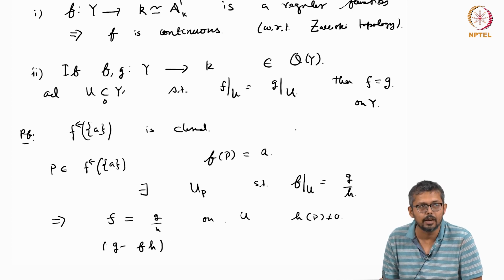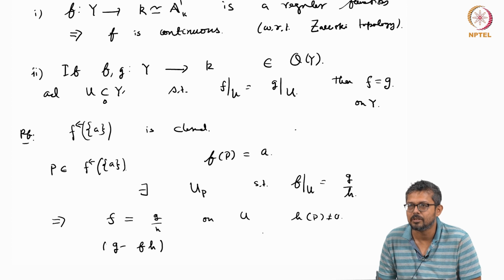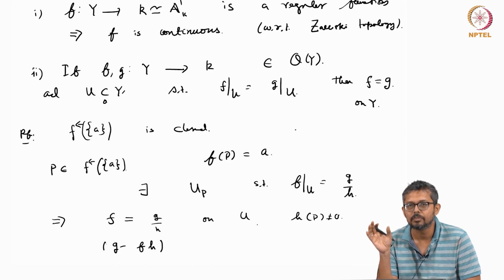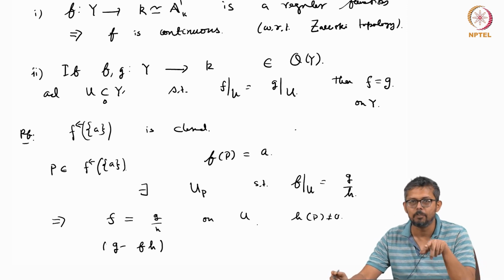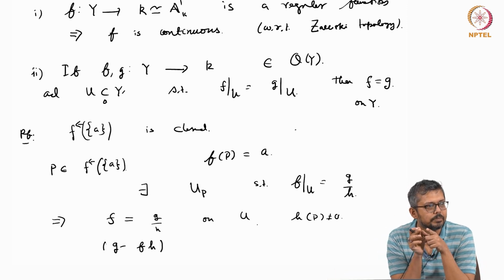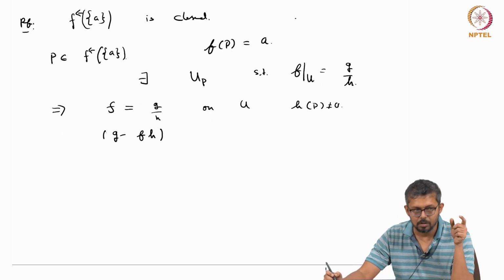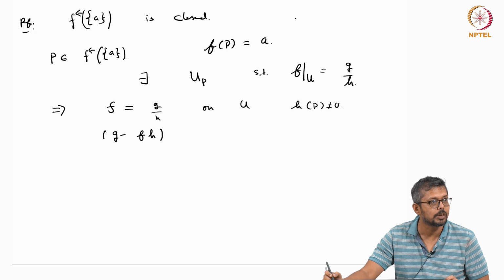You find the set where it is 0, but that's a closed condition. So locally, at every point, you have a closed subset. That means this function is continuous. For every P, I have a closed subset, so this set is closed.